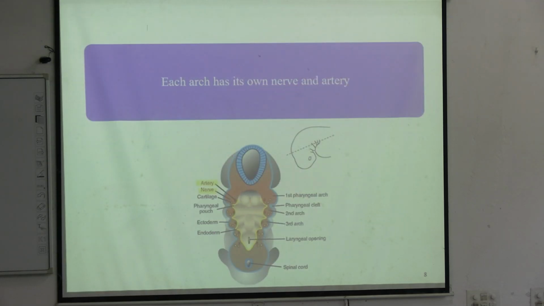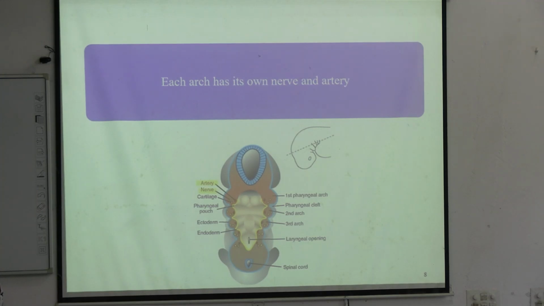If not, help yourself. As I am saying, these arches have their own nerve supply, their own blood supply, and they yield some structures. Now, how many arches do we have? 6, and then 5.